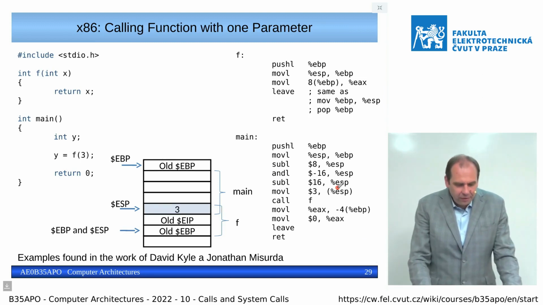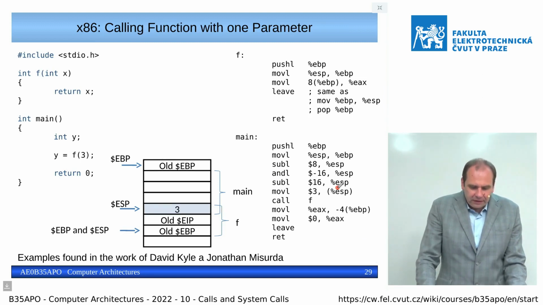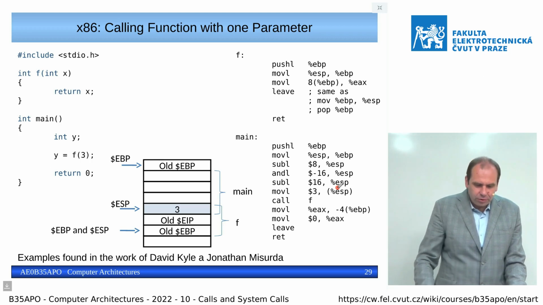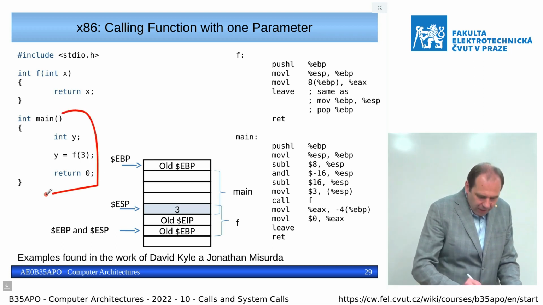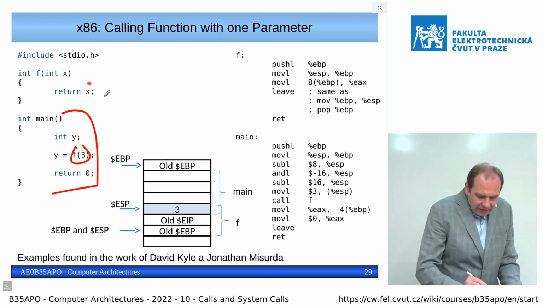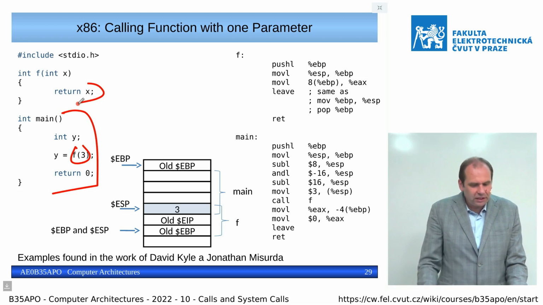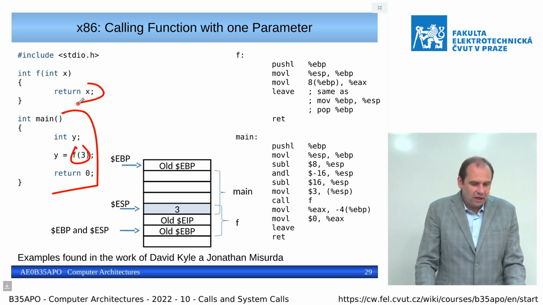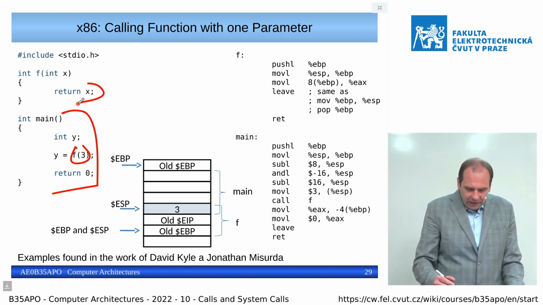And anyway, now we can look at what happens when we call the subroutine. So we have there our main function. We want to call the subroutine with the argument 3, and this function only returns actually what is given as the argument. So it is a very simple function. And if we look at the assembly, then what happens?